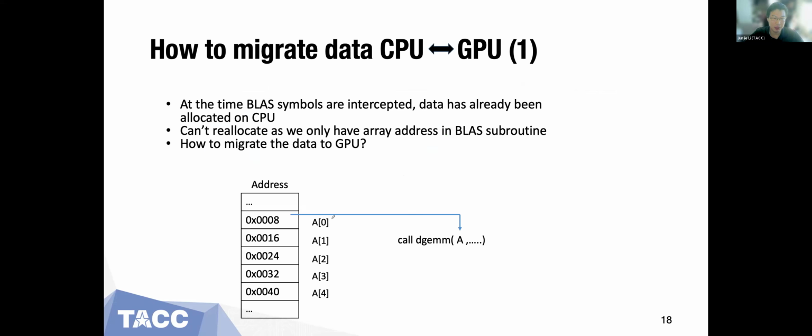You have an array that gets allocated in memory, then you pass that memory address to your function. Inside your function, you only see these memory addresses. There's no way you can remove them and reallocate them. So how do we migrate data that's already been allocated on the CPU to GPU?